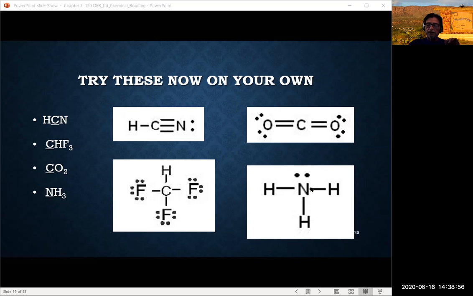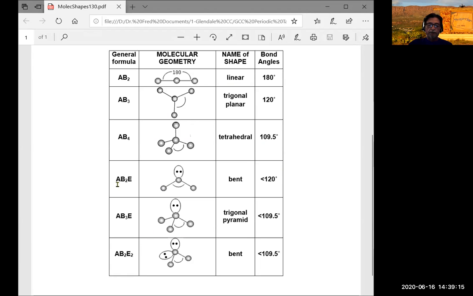So then we go to the shapes table. Notice something? There's a lone pair on the central atom. Automatically think polar. We talked about that earlier, polar. And so we go to the shapes table. Look at AB2E, which is the 4th entry down. It has a bent shape.